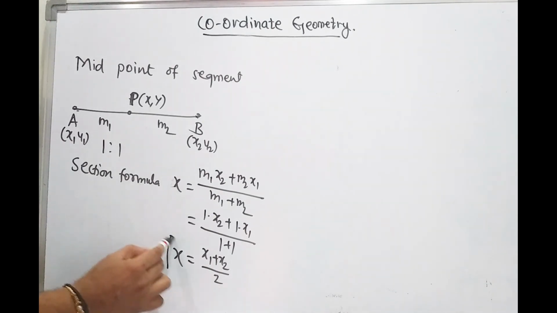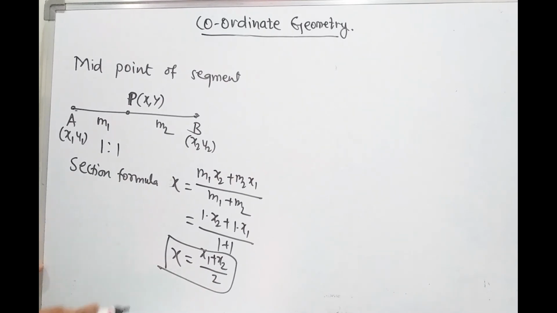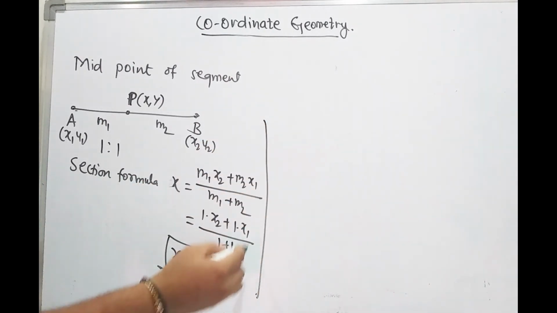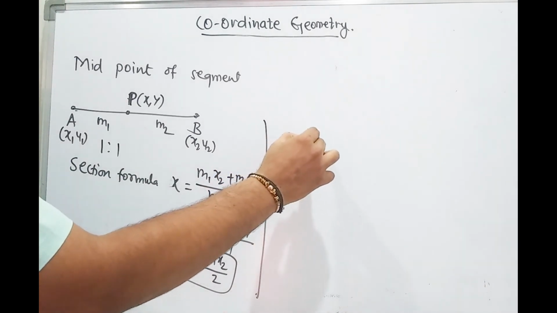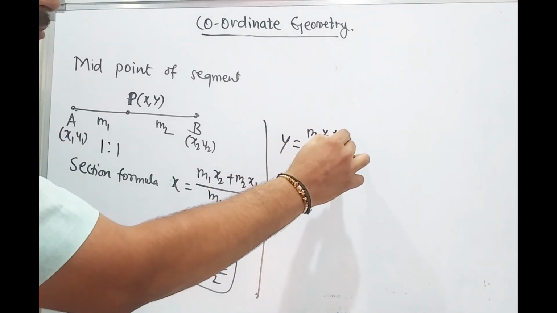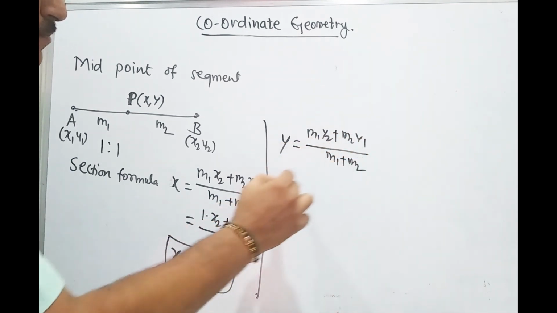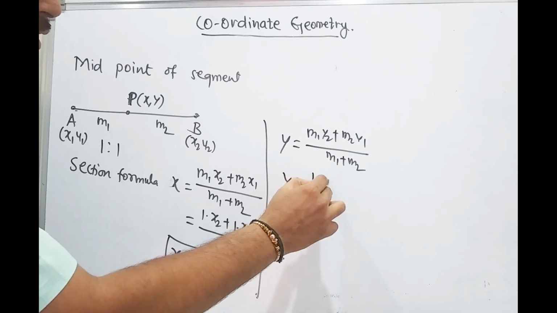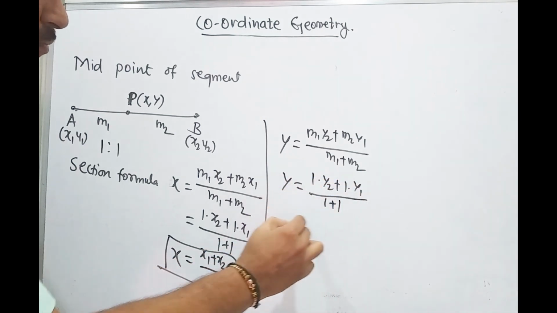This implies that x is having the value as x1 plus x2 upon 2 and y is m1 y2 plus m2 y1 upon m1 plus m2. y is equal to 1 into y2 plus 1 into y1 upon 1 plus 1.